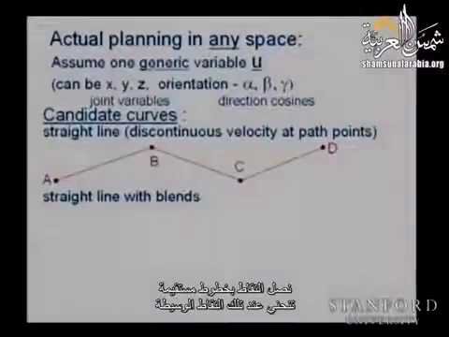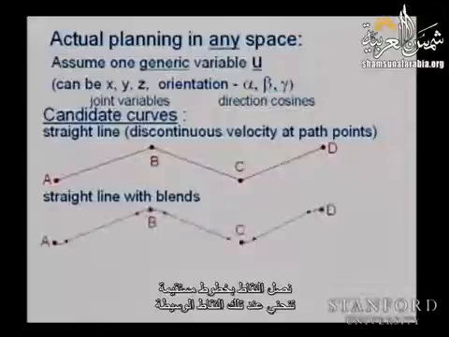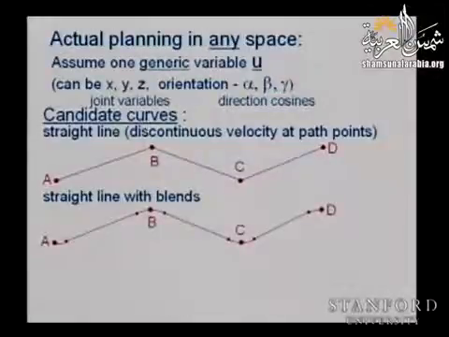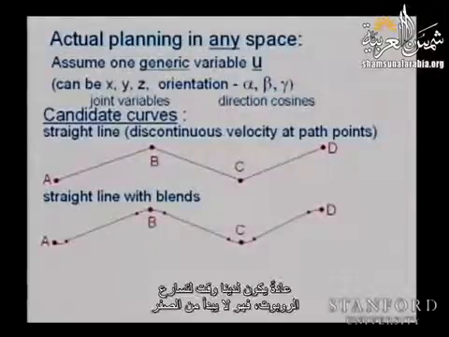So what do we do? Straight lines with blends at those intermediate points. We start, and usually the robot has time to accelerate, it doesn't just start from scratch.